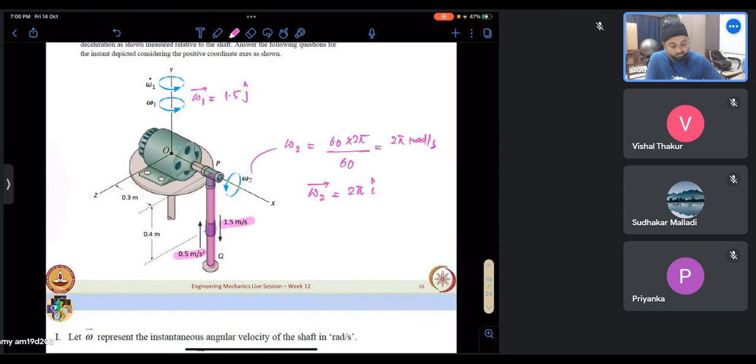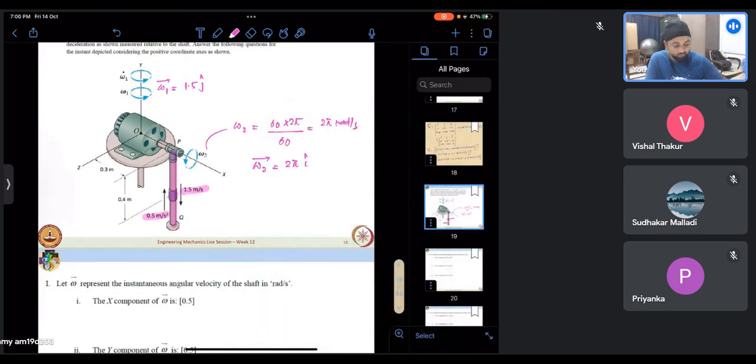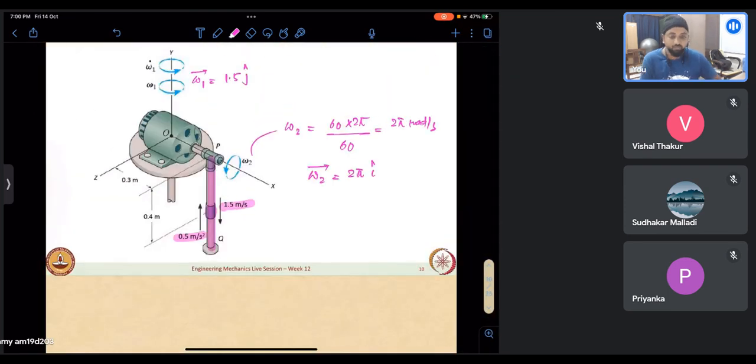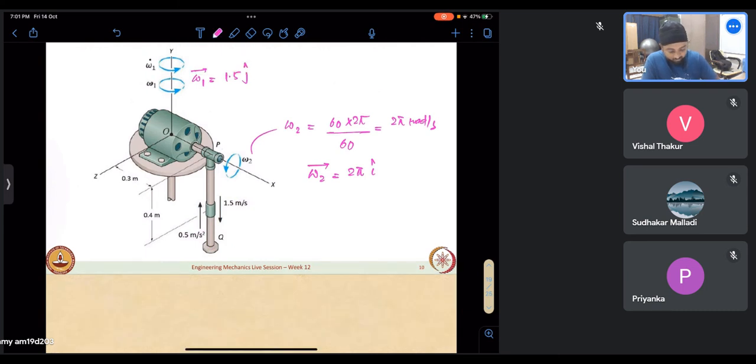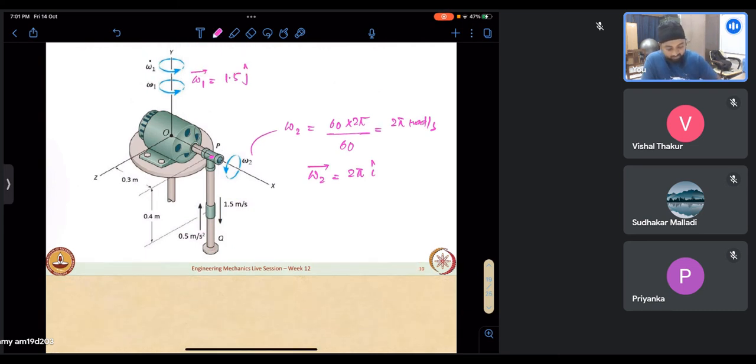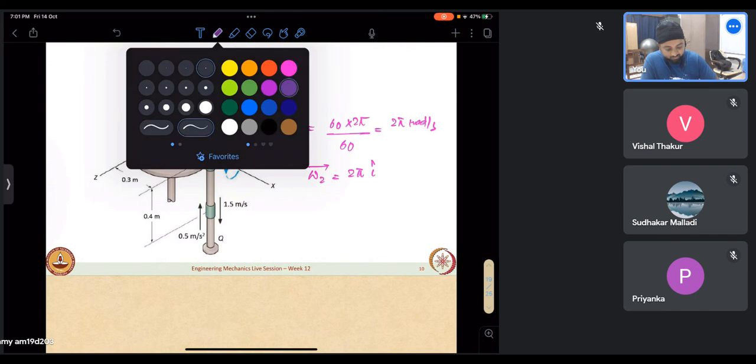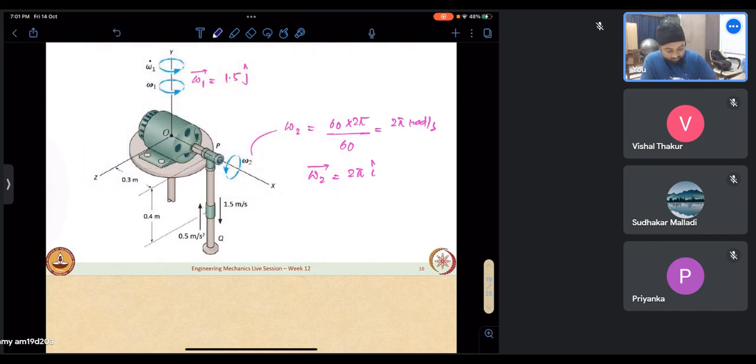So let me just give you a brief about how we could approach this problem. Anyway, when I will be posting, I'll be posting the entire solution. Let us connect the axis here. If we were to take an axis like that, x, y, and then z.